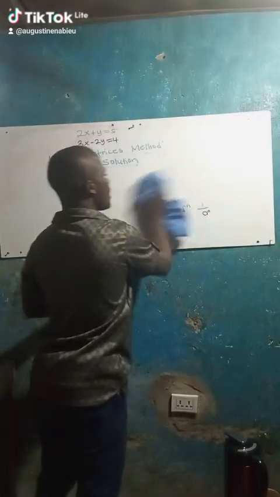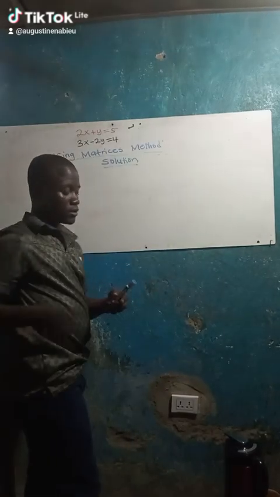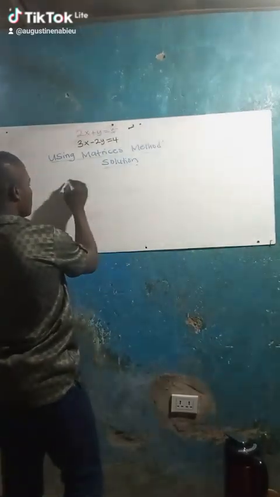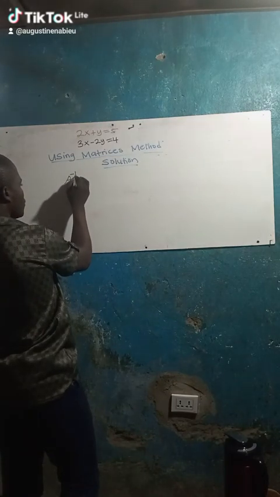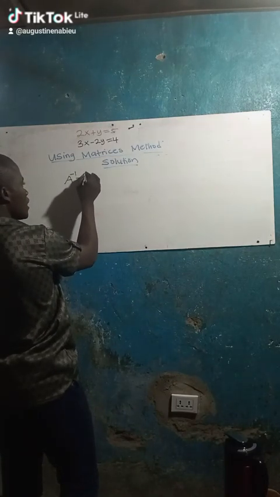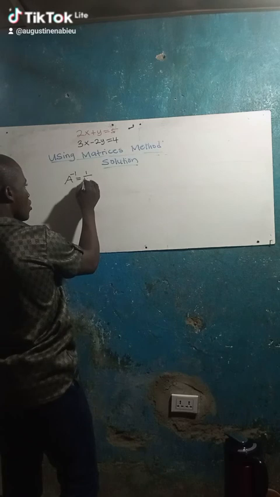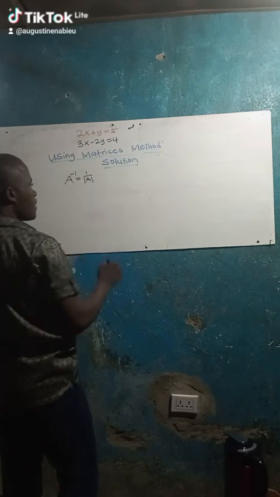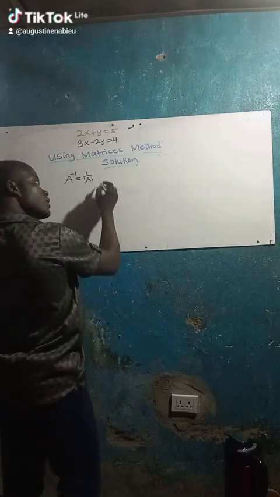So, a to the minus 1 can be written as 1 over the determinant times the adjoint of this matrix. We need to find the adjoint of this matrix.